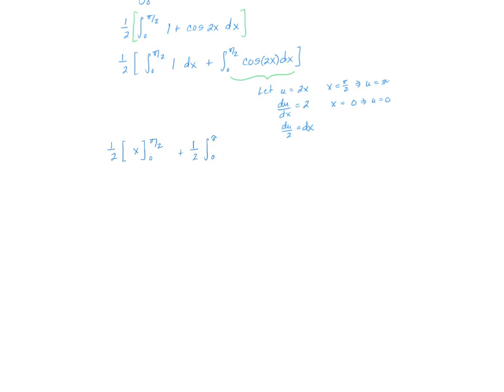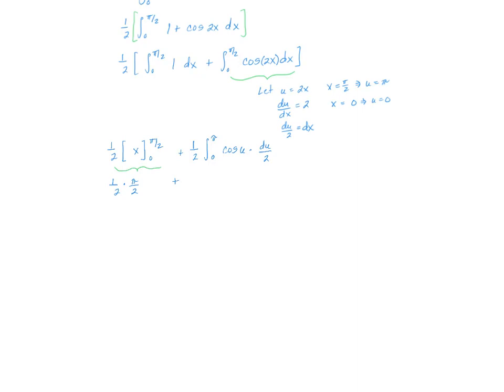The cosine of 2x now becomes cosine of u, and this is times du over 2. Okay, so this first piece is going to be 1/2 times 1/2 minus 0 is pi over 2, minus 0 is just pi over 2, so it becomes pi over 4.